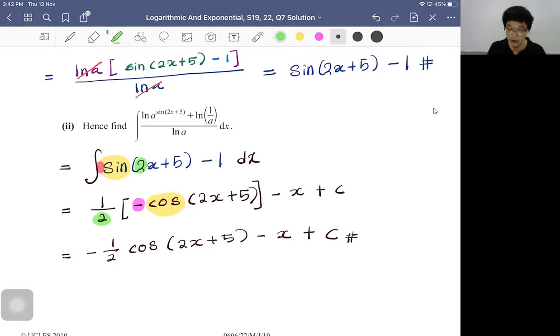Now you have successfully integrated the first term, and you move on to integrate the negative 1. The 1 you just copy down here. Integrating 1, you comfortably get x.